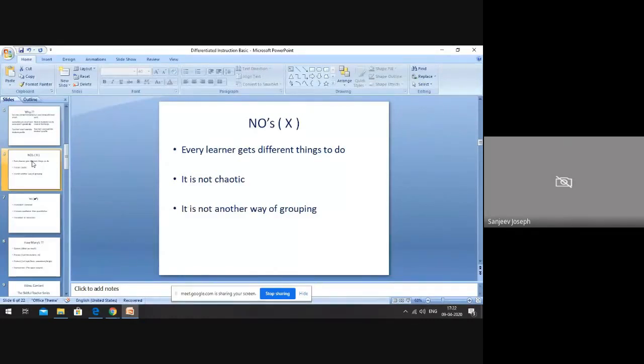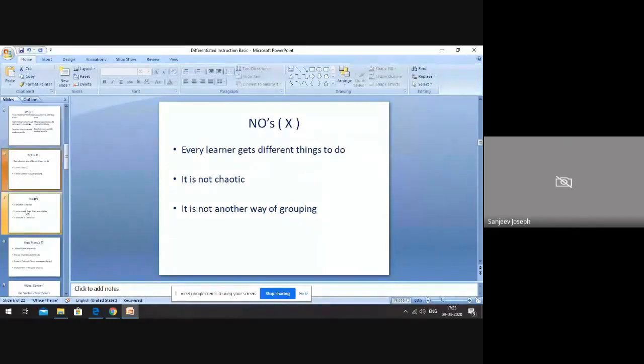It is also not another way of grouping. Sometimes we have grouped children, making one group sitting in one class and another group sitting in another class. It is not that. It is a different way of instructing by a combination of different things. It is not just making homogeneous groupings according to different levels. So that is another no.